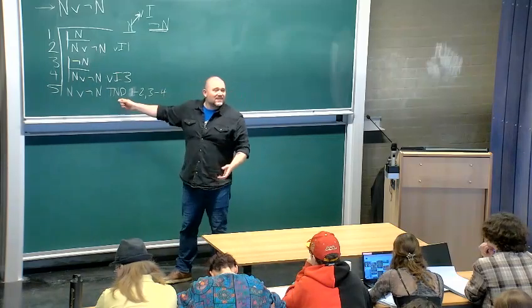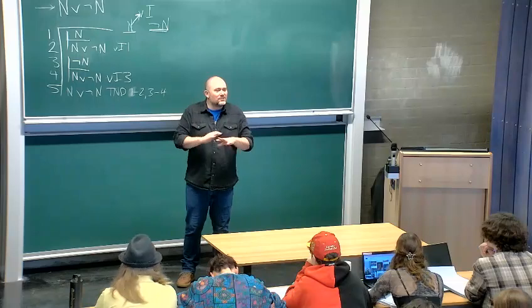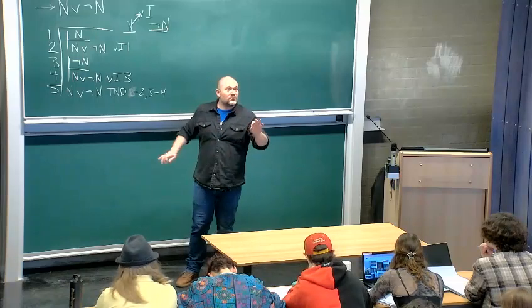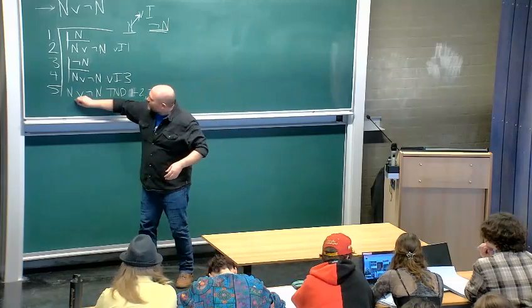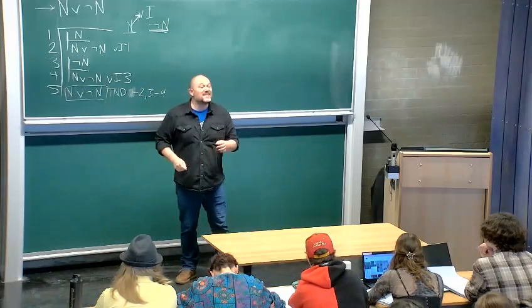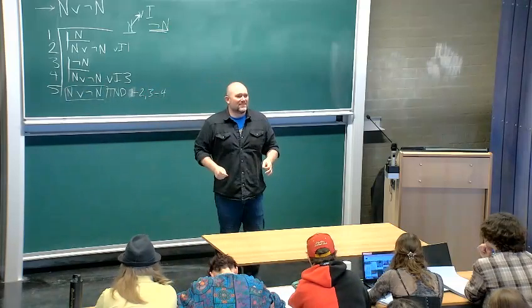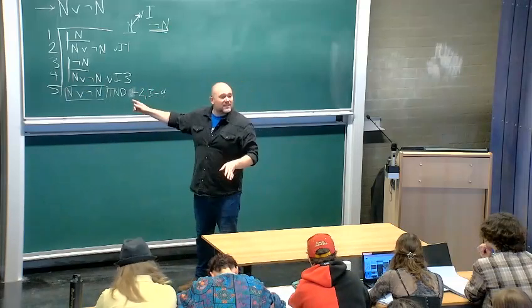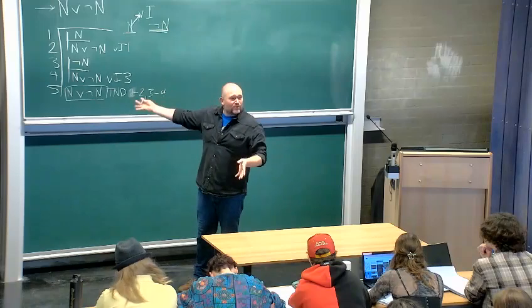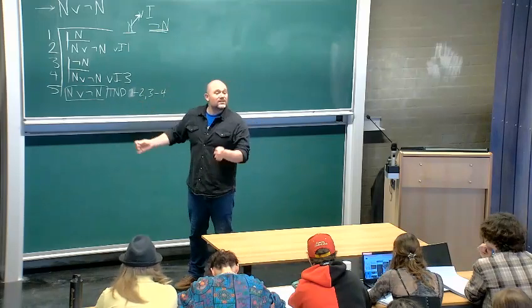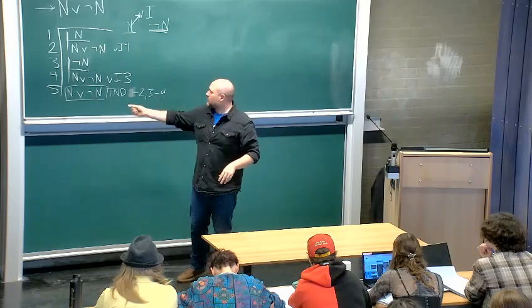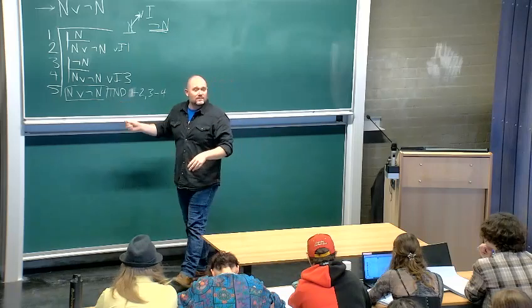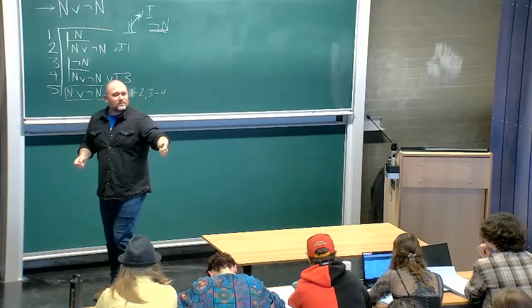But with TND, you don't need one. Because what you're secretly doing is using the fact that this sentence is a theorem. Every sentence of this form is a theorem. We just proved it. So that means it's always there to use as a disjunction. That's what TND effectively does. It's a good question.